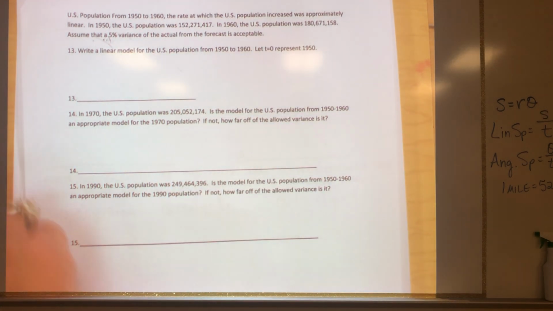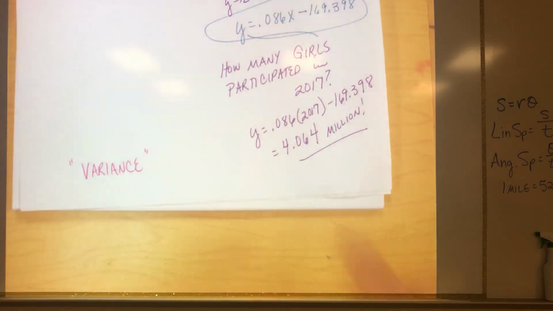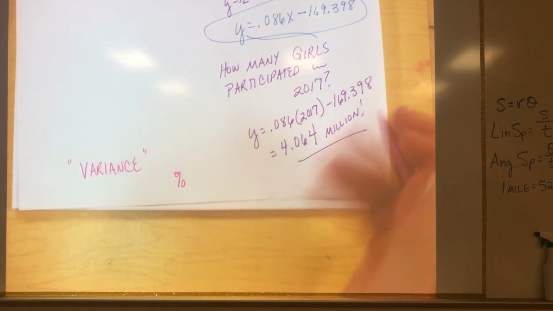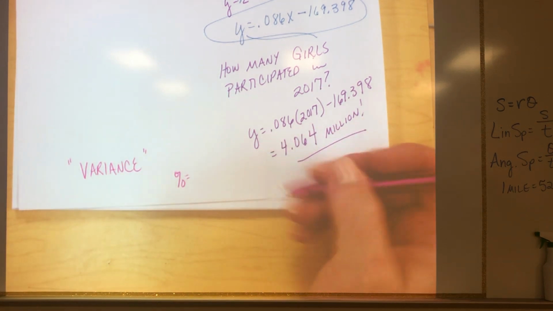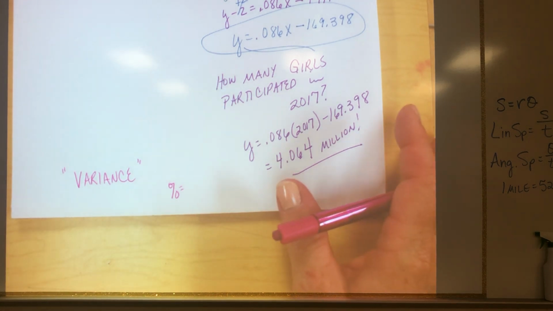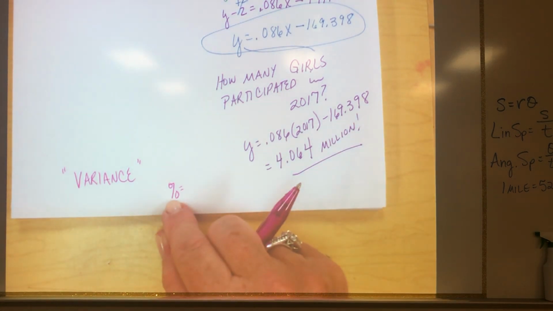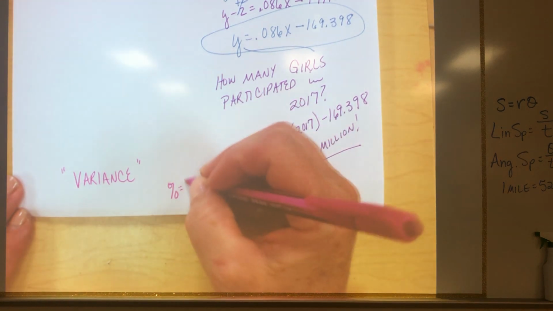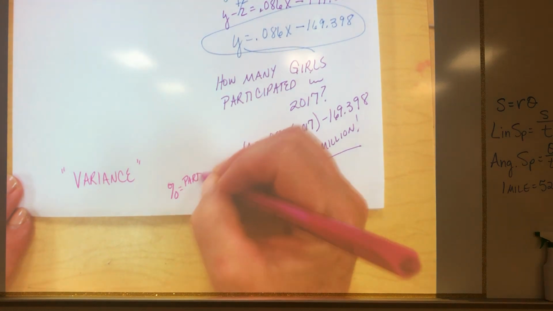Okay, now, something else that you need to know. How do I find a percent? All right, now there's different ways of doing this, but this is the way I like, okay? But some of the kids did it a different way, and I'm okay with that. So I have to be within 5%, so I need you to know how to find a percent, okay? My percent is the part over the whole. Do you agree? Yes.